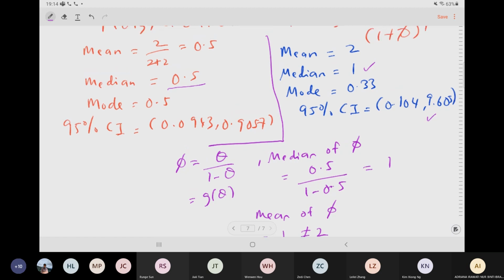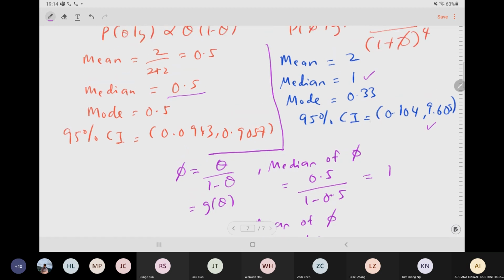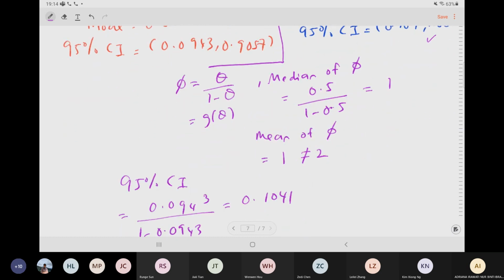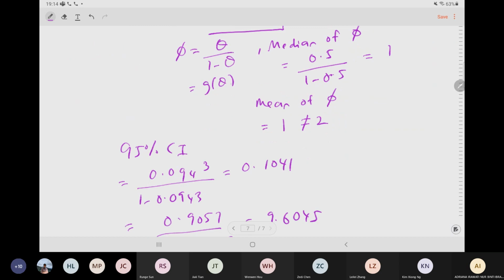So this is what I say: the median and the credible interval, which is based on the quantiles, are invariant under the transformation. We just put the value inside this function g theta, and we can get the median and the credible interval changing from theta to phi directly, by using the formula.